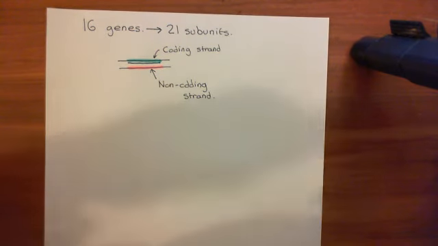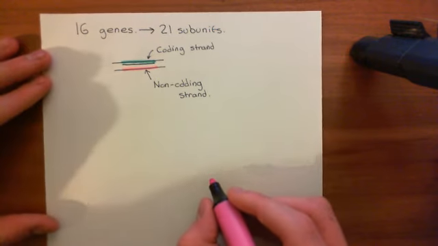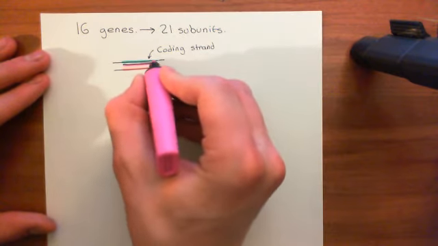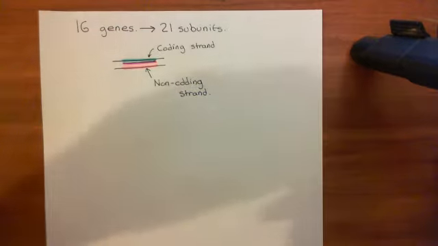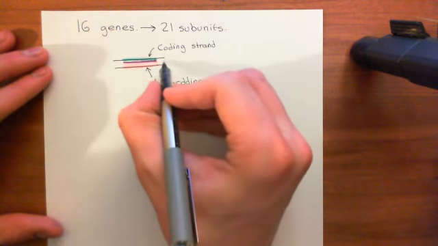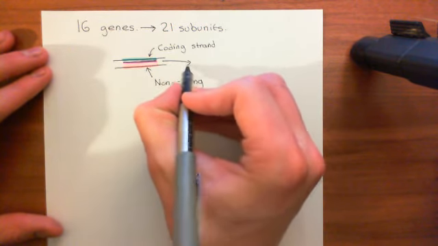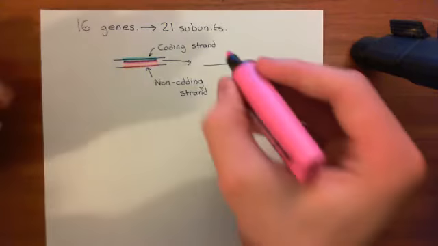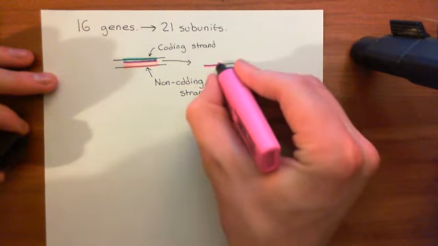This other line that I've drawn parallel to the coding strand represents the mRNA, which I've highlighted in vivid purple. It is RNA polymerase which will produce this mRNA from the coding strand. Here then is this piece of mRNA in vivid purple.